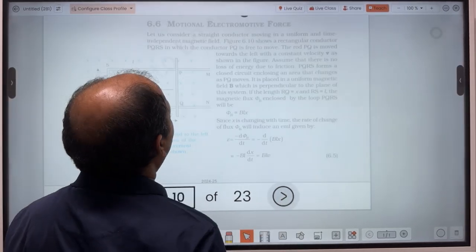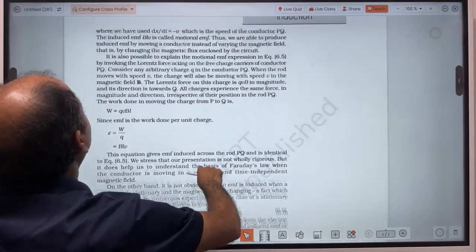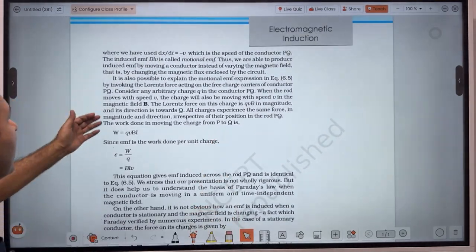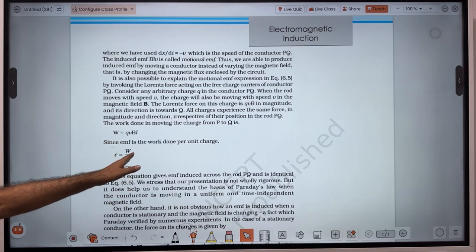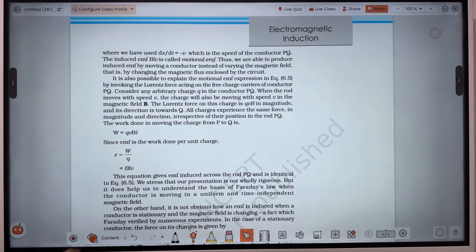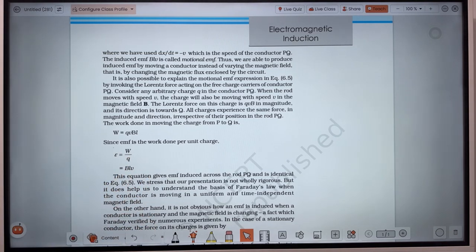Next thing comes, here the same thing they have written in terms of work done, then charge is moving. So this is another way of explaining the same thing: on the rod PQ, charge will get accumulated on one side, and then we can find the EMF. Let's read it.